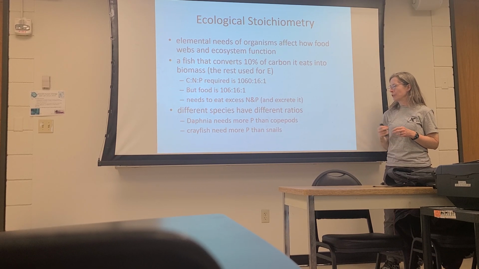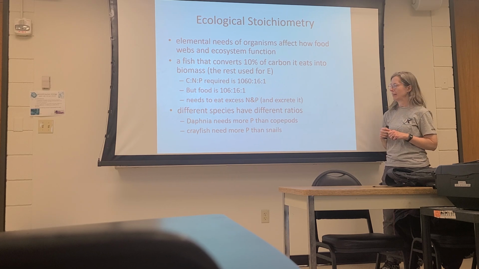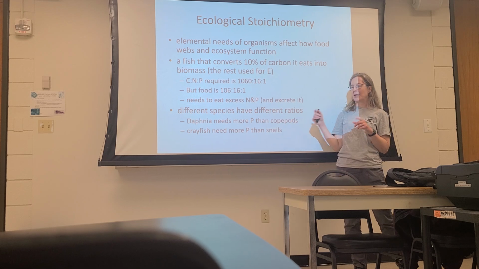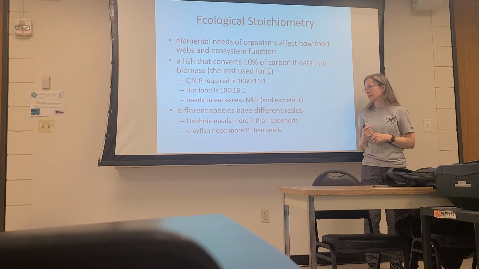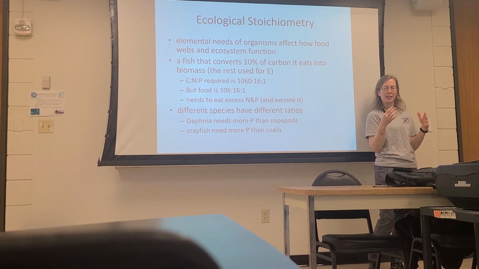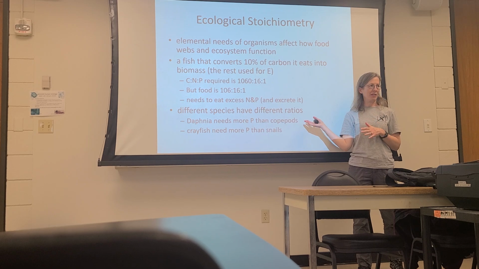But some examples from our aquatic systems. I guess we haven't seen Daphnia. Did Dr. Grubaugh talk about Daphnia? Water fleas. Okay, Daphnia and copepods are both little tiny crustaceans, and they swim around and eat algae. They have very similar lifestyles, but Daphnia just needs more phosphorus than copepods do.